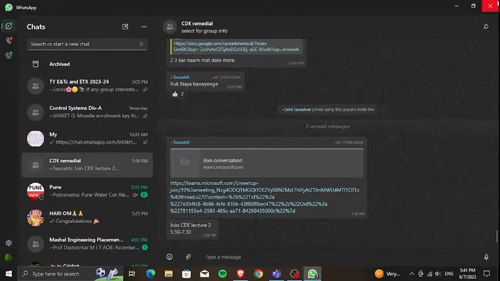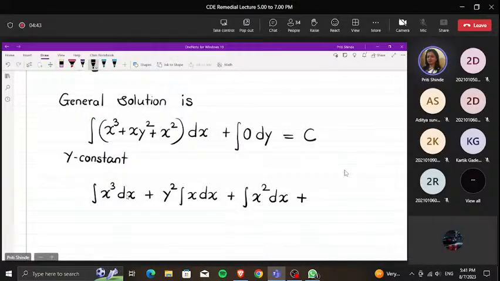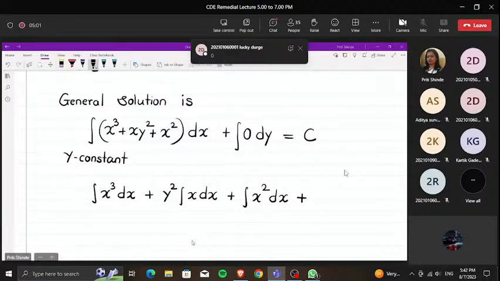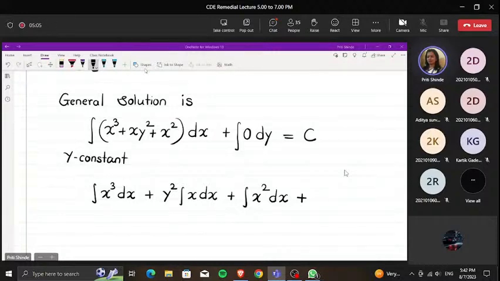What is integration of 0 dy? Yes, integration of 0 is 0. Correct. The right hand side constant is c.